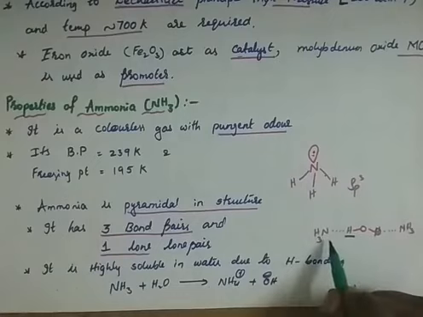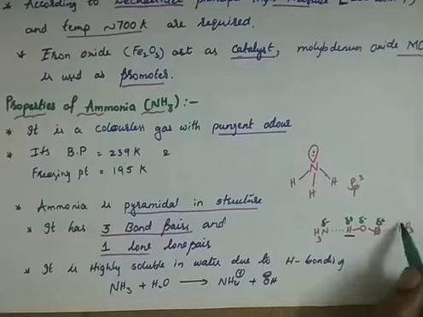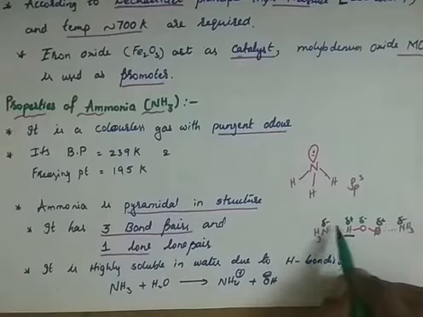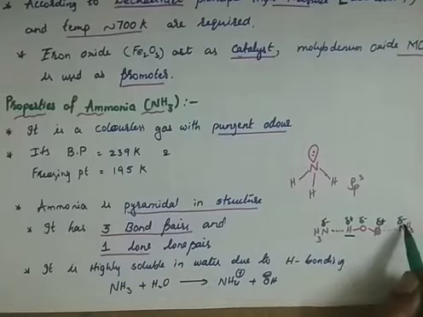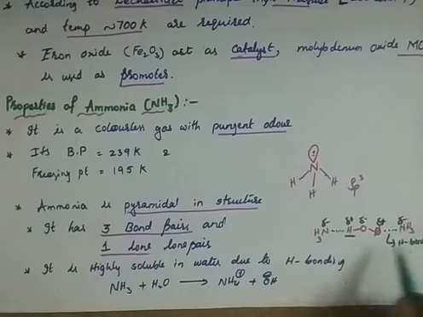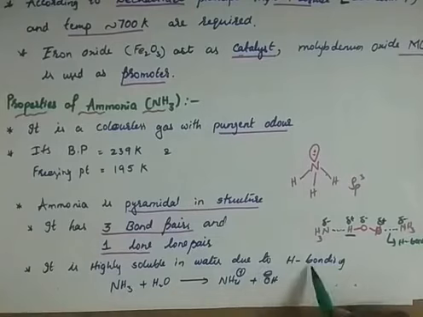Only with electronegative atoms, nitrogen, fluorine and oxygen, can hydrogen bonding be possible. Okay, so delta positive, delta negative, delta positive. This is delta negative, so this is delta negative, delta positive. There is a hydrogen bonding. And this is delta positive and delta negative. There is a small interaction. So this is called hydrogen bonding. Due to these hydrogen bonding interactions, ammonia is easily soluble in water.